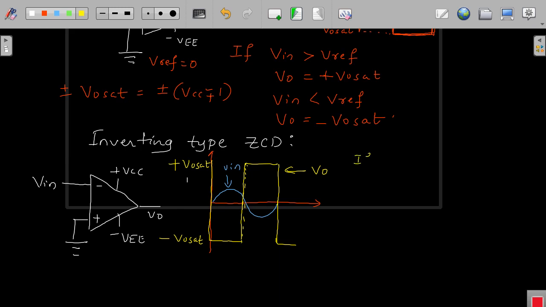If V in is greater than V reference, V0 is equal to minus V0 sat here. If V in is less than V reference, V0 is equal to plus V0 sat.